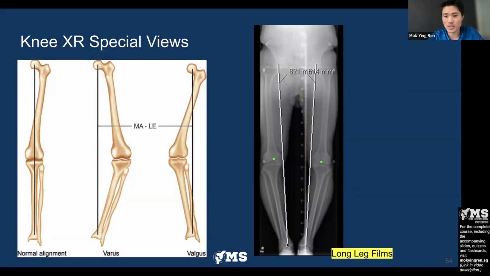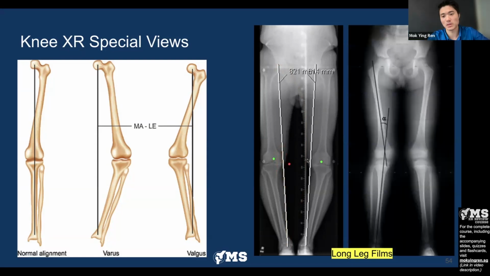It should pass through the center of the knee in a neutral alignment. So in this case, what we see here is a varus alignment. In this case, if we do the same thing and draw a line from the center of the hip to the center of the ankle, the center of the knee is actually medial to this line, and therefore this is a valgus deformity. On a long leg film, we can measure these angles and be objective in describing the extent of varus and valgus deformity.